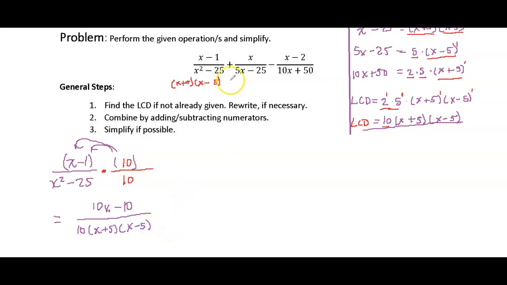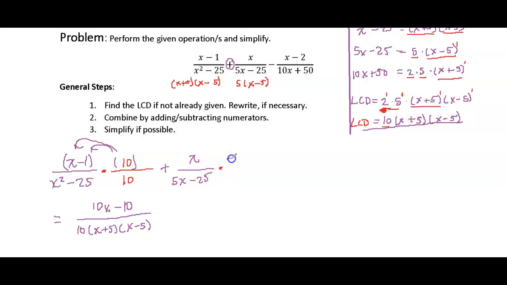Okay, moving on. We've got plus next. Plus x over 5x minus 25. In 5x minus 25, that is a 5 and an x minus 5. So if we take a look at our LCD, what is missing here would be the 2 to get us the 10 and the x plus 5.